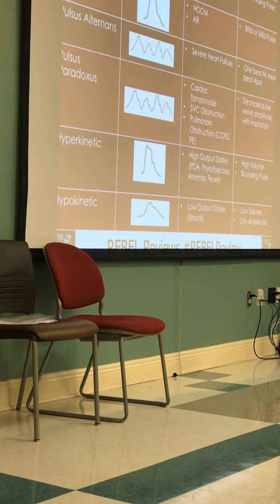If they have a bounding pulse and they're bug-eyed, they have hyperthyroidism or Graves' disease. If they have a bounding pulse, a holosystolic murmur at the inferior left clavicle, and the fingers are cyanotic, they have patent ductus arteriosus.